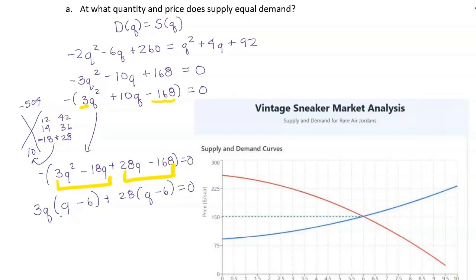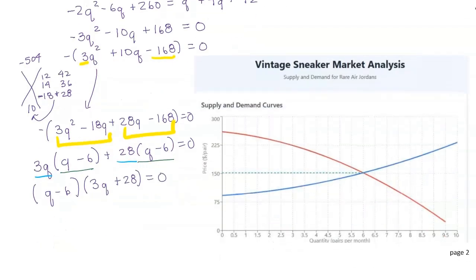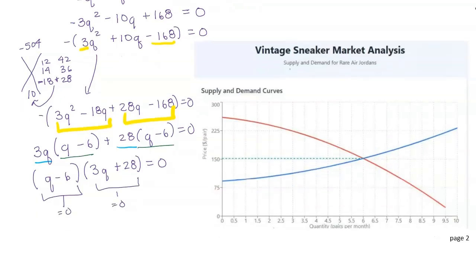And now I have these two factors of q minus 6, and then I have 3q plus 28 left over. Now I can set each of these factors equal to 0 and solve. So I get q equals 6 and q equals negative 28 thirds.